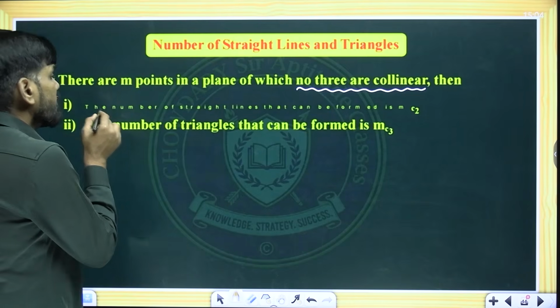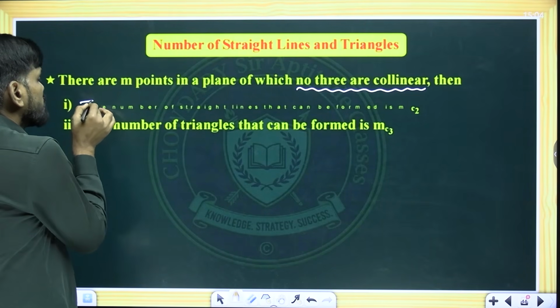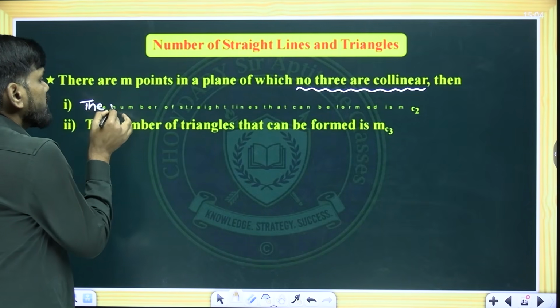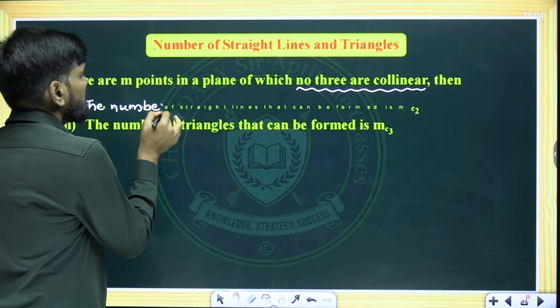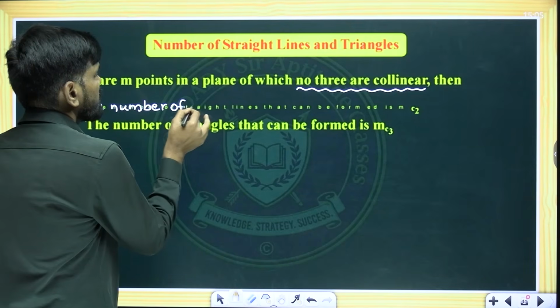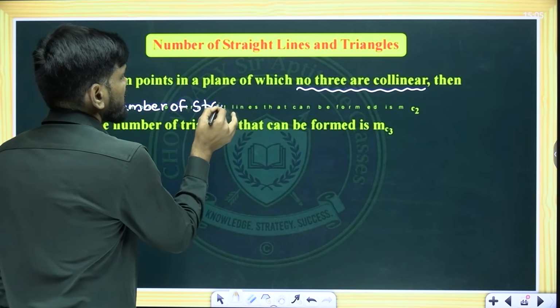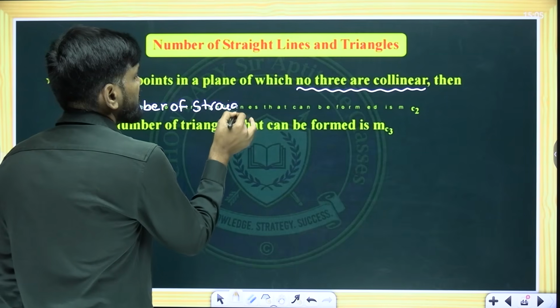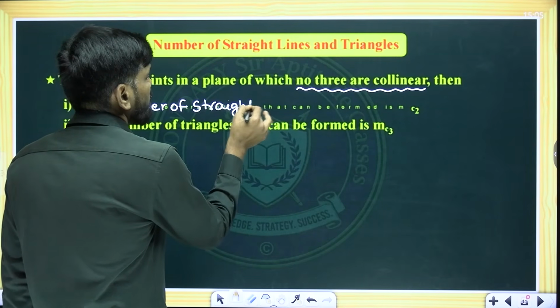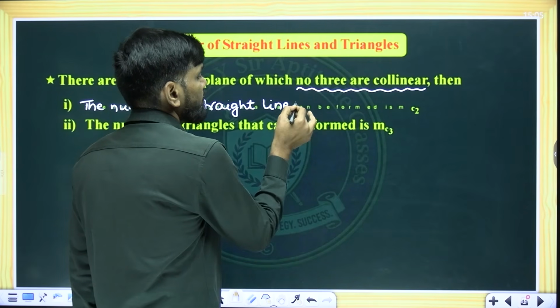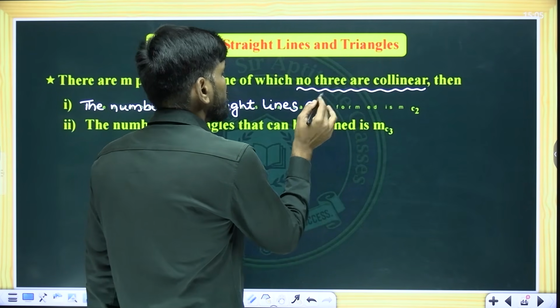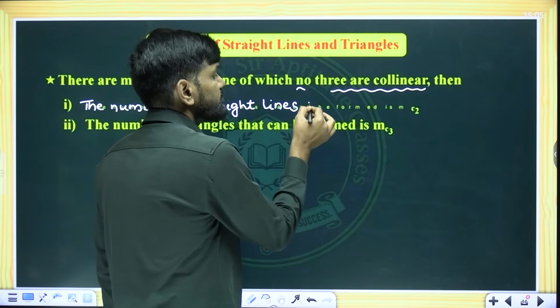Then the number of straight lines that can be formed by joining those points is the number of straight lines that can be formed.